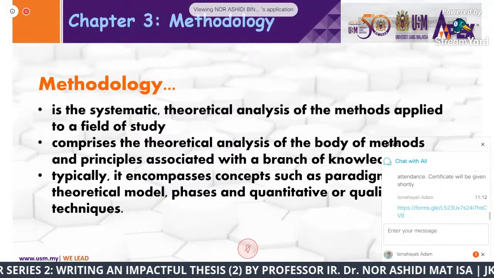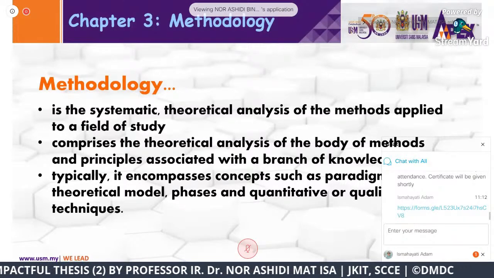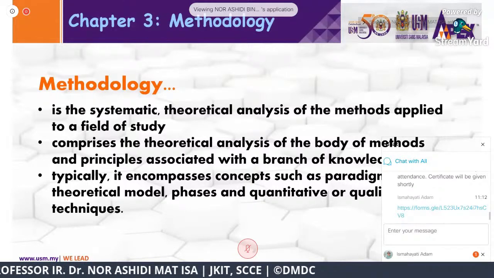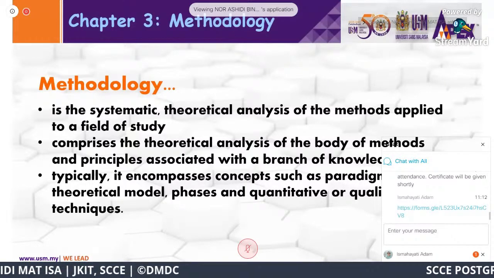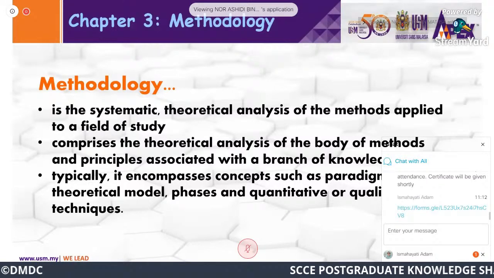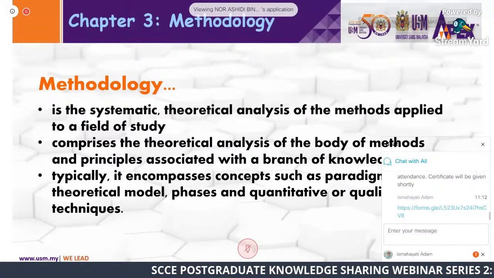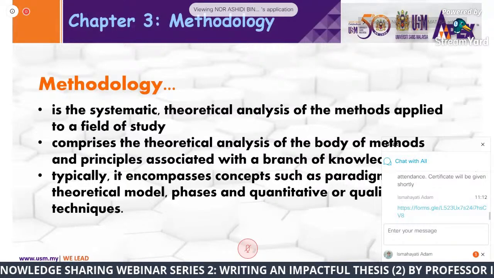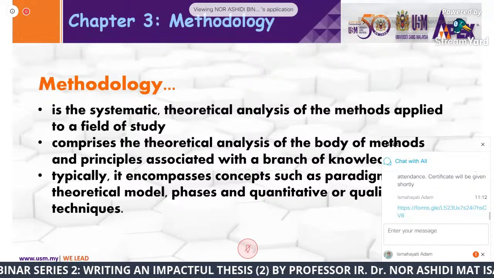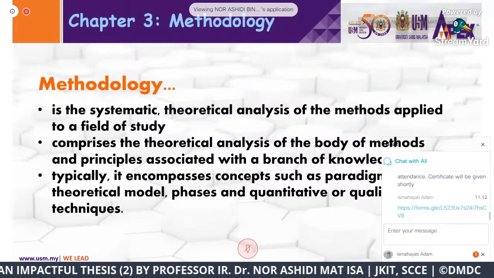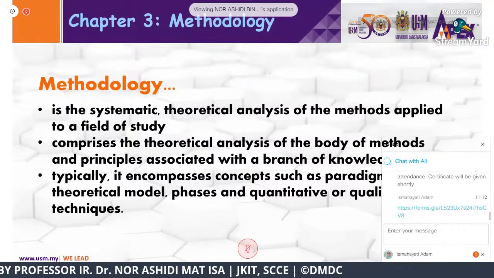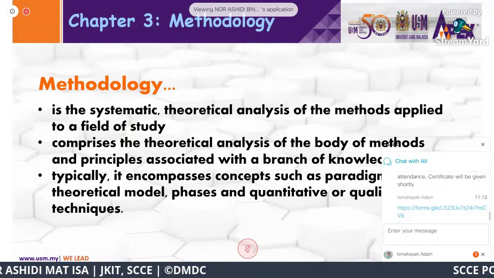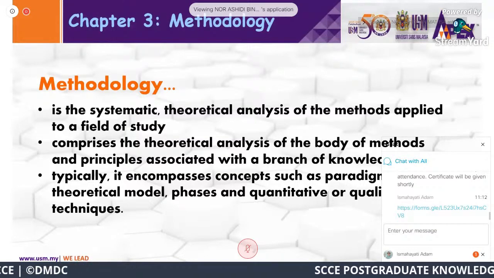So whatever the support, it must be within the theoretical explanation, because you are not presenting your results yet. So you cannot use a sentence such as, okay, I propose this because my result shows that blah blah blah. No, you cannot use that in the methodology because you have not presented your results yet.